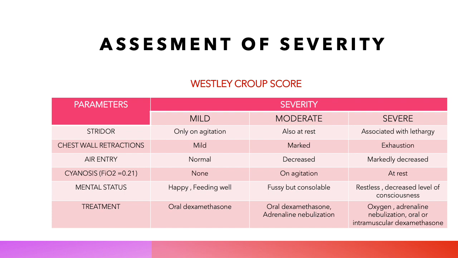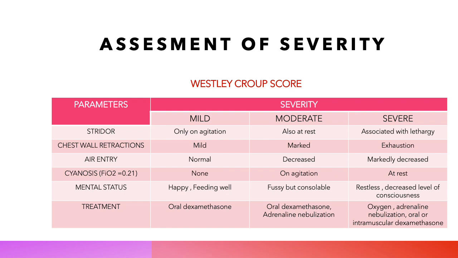So, what happens? The stridor may be heard only when the child is agitated. A normal child who is not crying or coughing may not have stridor in mild croup. The chest wall retractions are minimal. Air entry is equal up to the bases on both sides of the chest.